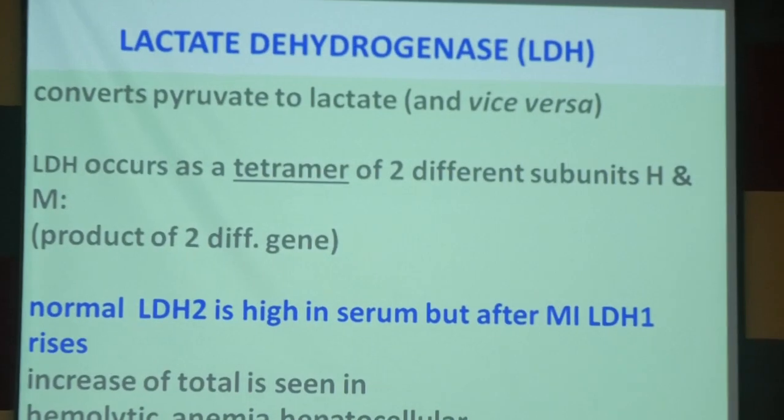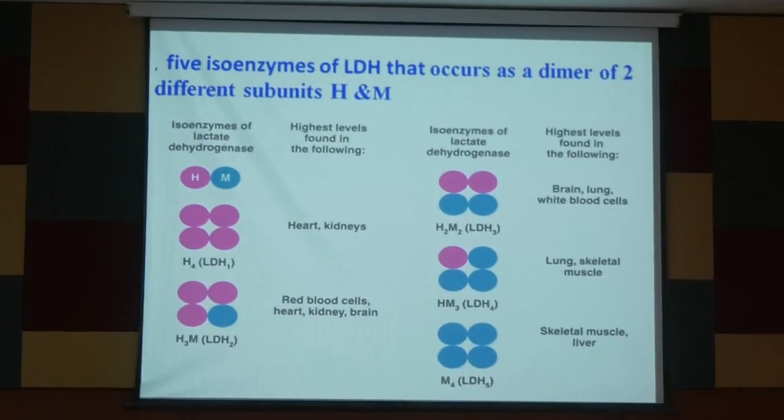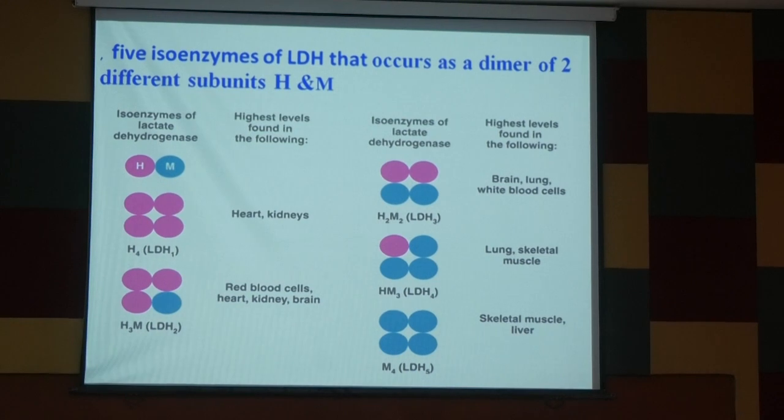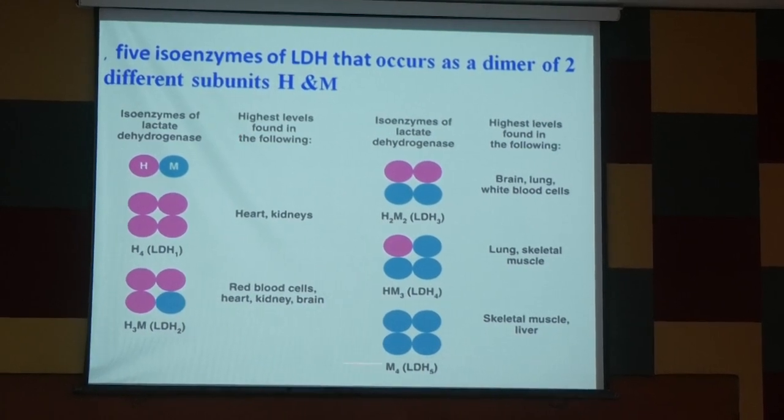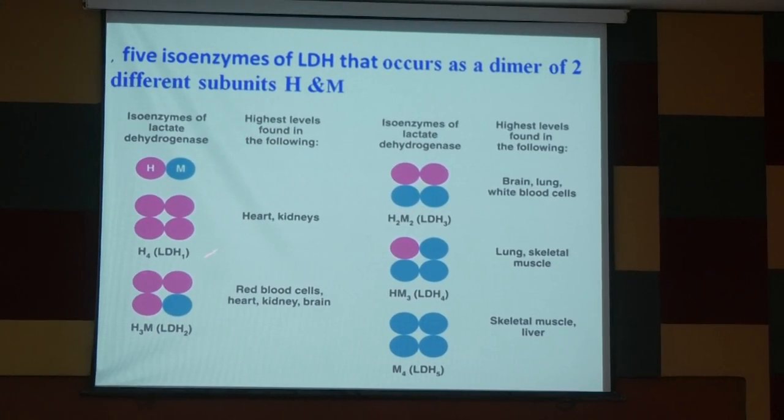So, these are the forms and their locations where they are found. H4 heart, M4 skeletal muscle. HCM, RBC. H2N2, brain. HN3, lung, liver.